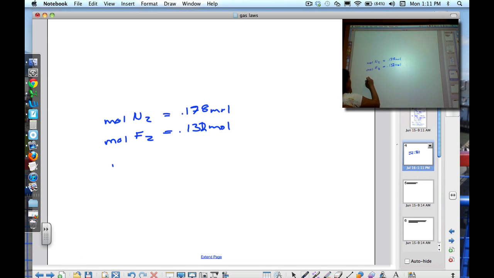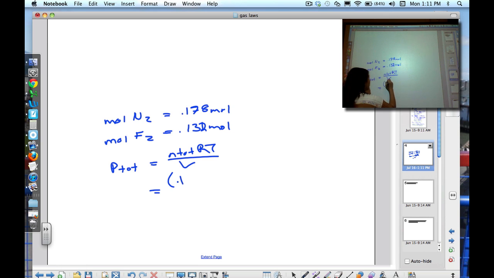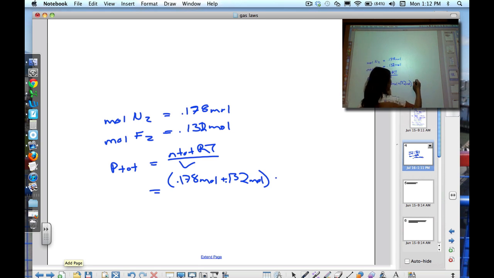So P total is equal to nRT over V, so that would be equal to 0.178 moles plus 0.132 moles times 0.08206 liters atmospheres per mole.